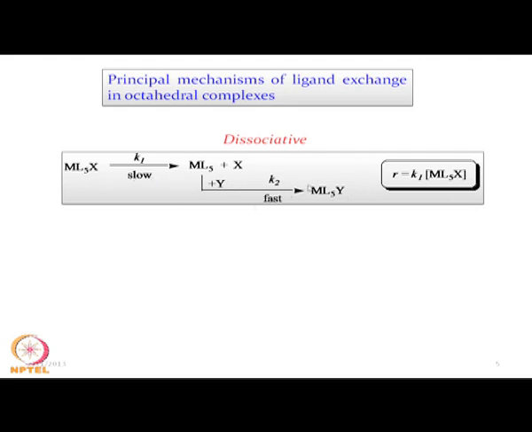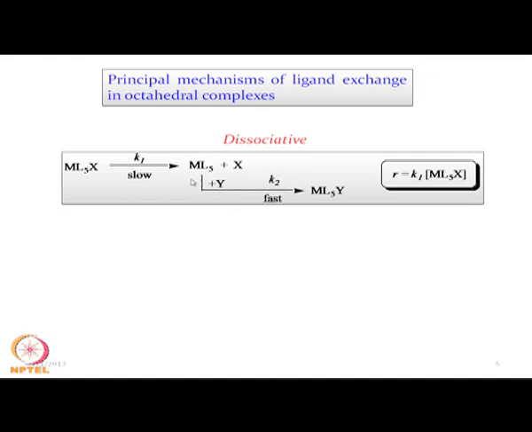When it is only a dissociative one without involvement of Y, the rate is straightaway dependent on K1 times ML5X. That means, in this particular case the rate is independent of Y, and the second step, the contribution for this K2 step, the rate dependent on the rate constant K2, is very fast.